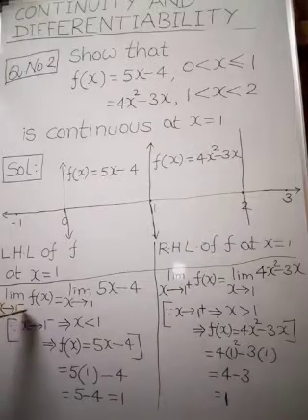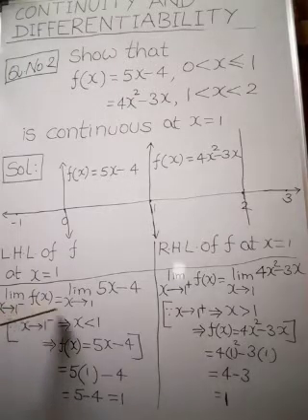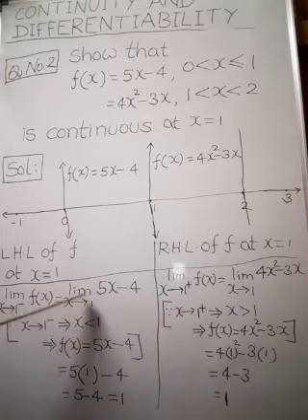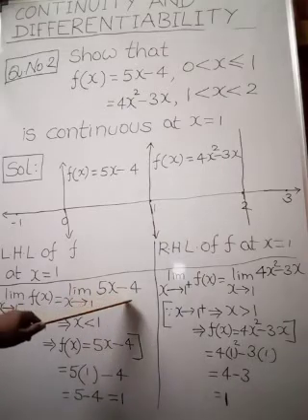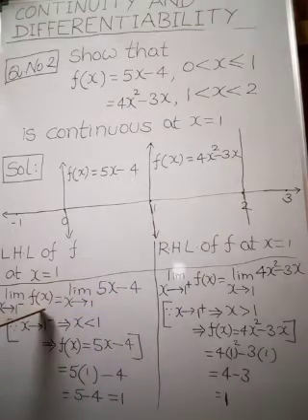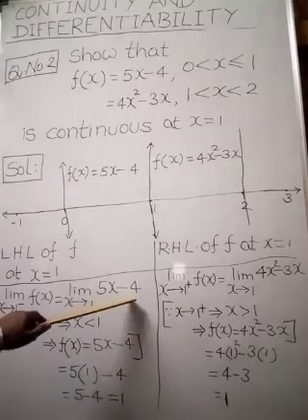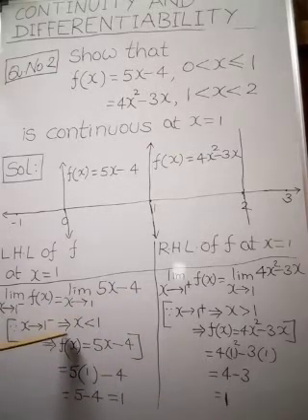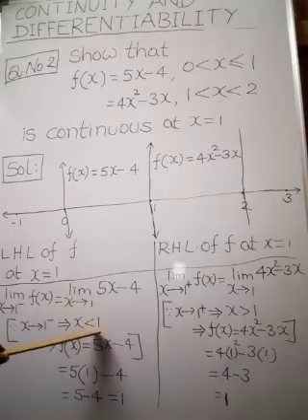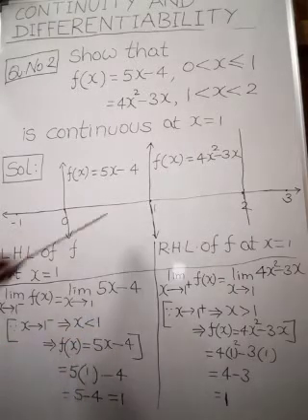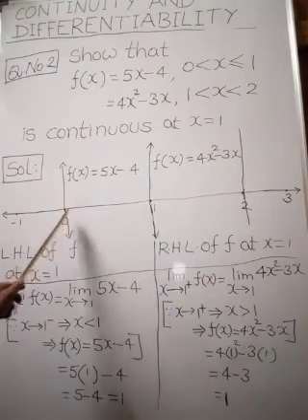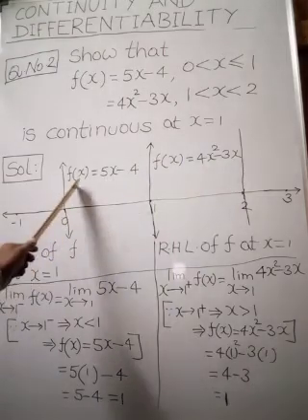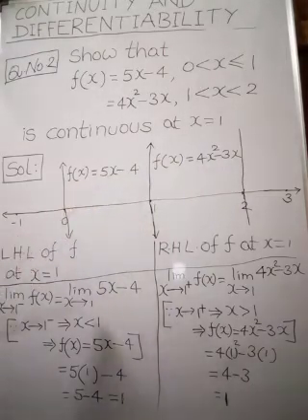As x tends to 1 minus, limit f of x is equal to, as x tends to 1, limit 5x minus 4. Instead of f of x, I wrote here 5x minus 4 because as x tends to 1 minus means x is less than 1. If x is less than 1, see here 0 to 1, f of x is defined as 5x minus 4.